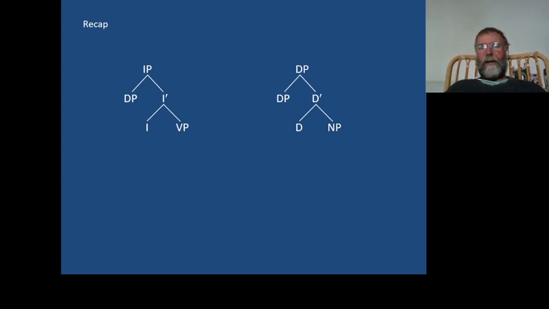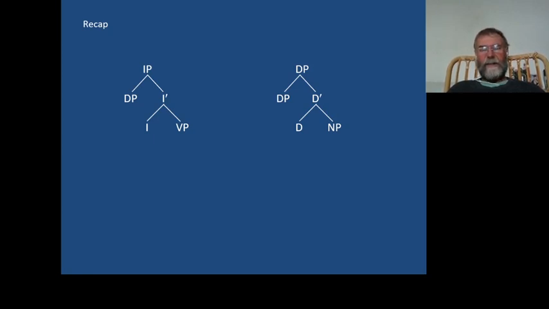With a clause, the claim has been that the inflection is the head of the clause. So the clause is an inflection phrase. The claim for nominal phrases is that determiners are the heads of these. So these are DPs. Now inside each of these phrases, if we don't expand them involving adjuncts as well, there are basically two extra positions.